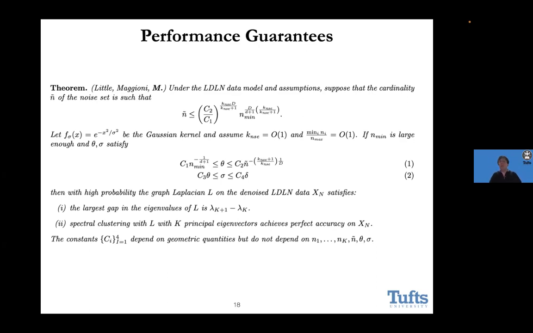Equations 1 and 2 are going to be good for me when the range is wide, so when there's a lot of choices of theta and a lot of choices of sigma. And it's the same story. When little d is very small compared to big D, range 1 is big. Similarly with range 2, in terms of the separation needing to be large relative to this denoising parameter theta.